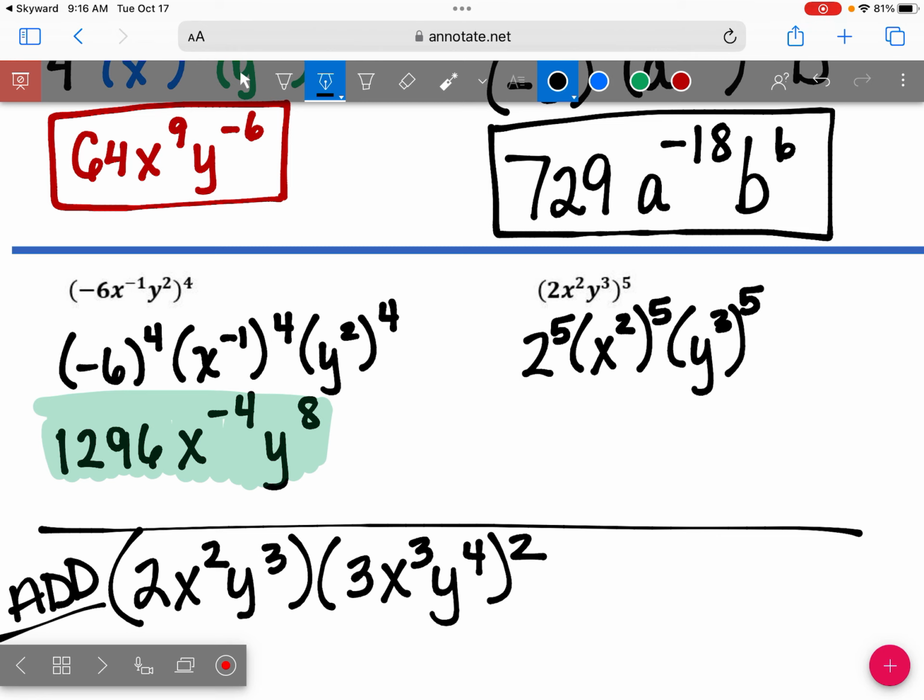All right, so we have 2 to the 5th, which is 32. And then I'm multiplying 2 times 5, that would be x to the 10th, and then y to the 15th.